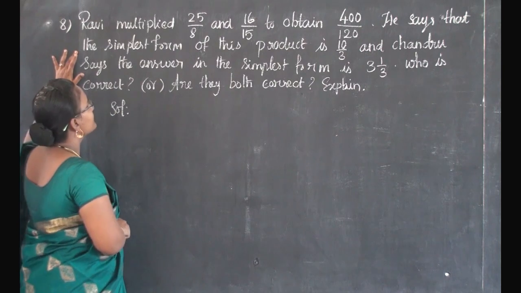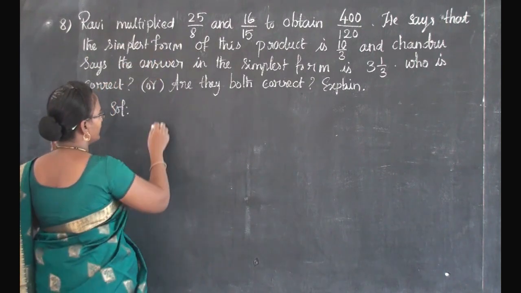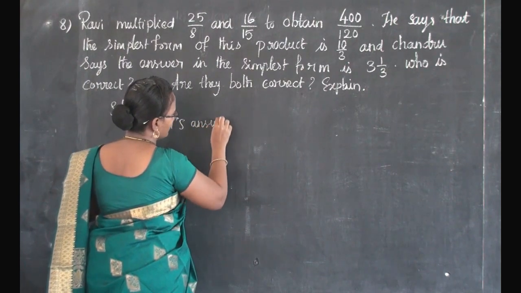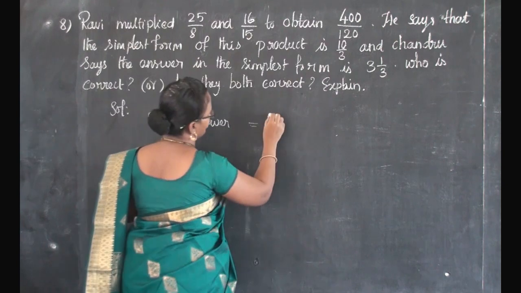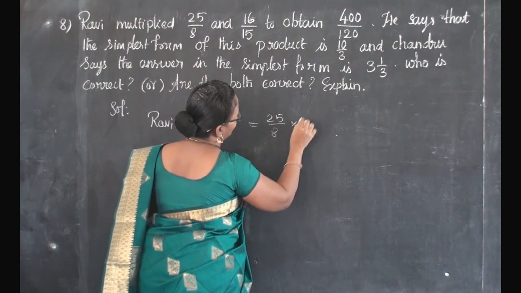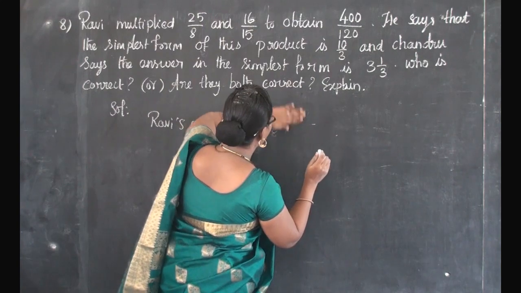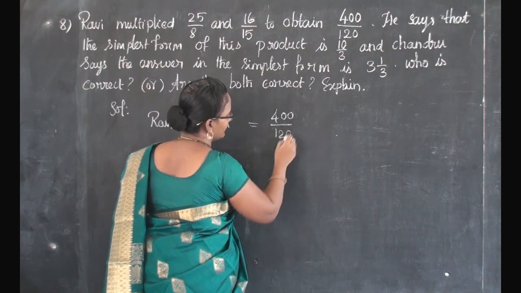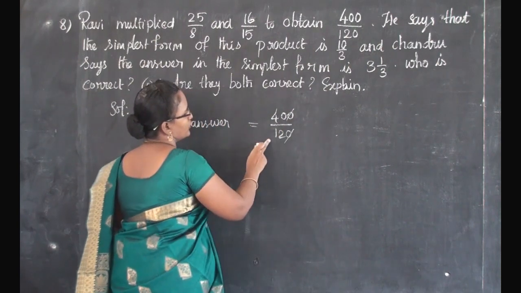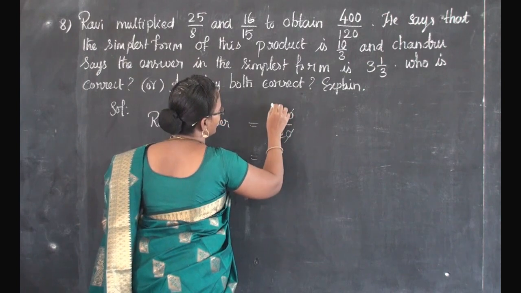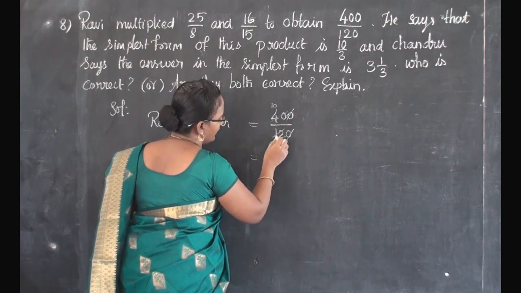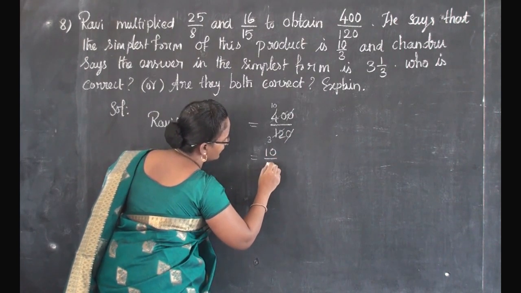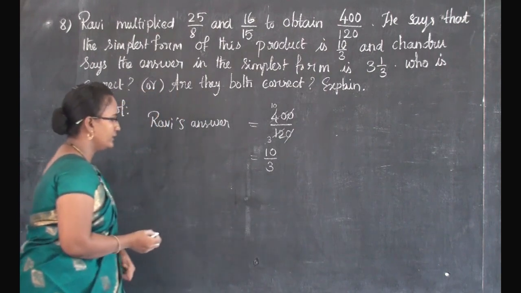Ravi says that the simplest form of this product is 10 by 3. So both are cancelled by 4 table. 10 4s are 40 and 3 4s are 12. So he says the simplest form of 400 by 120 is 10 by 3.